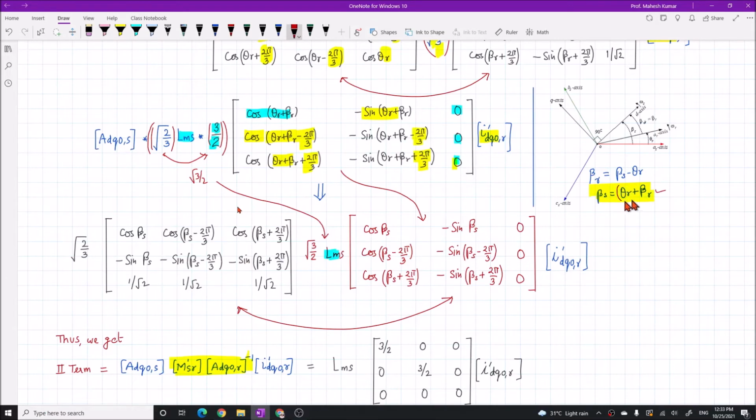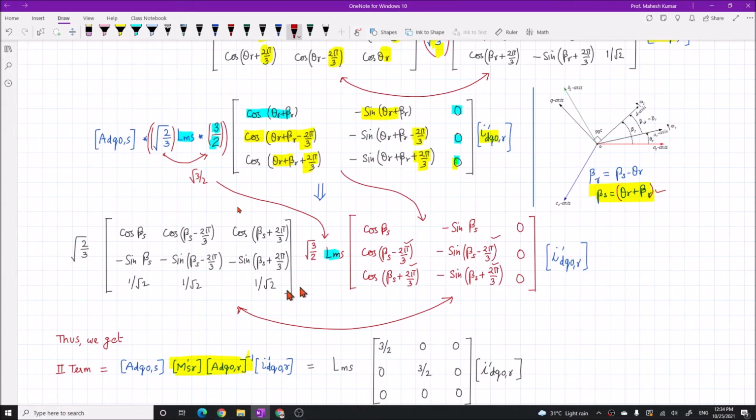So beta s has been used to replace theta r plus beta r. Therefore it becomes cos beta s, minus sin beta s, then cos beta s minus 2 pi by 3, and then minus sin beta s minus 2 pi by 3. Here it is plus 2 pi by 3 and 2 pi by 3. These elements are 0.